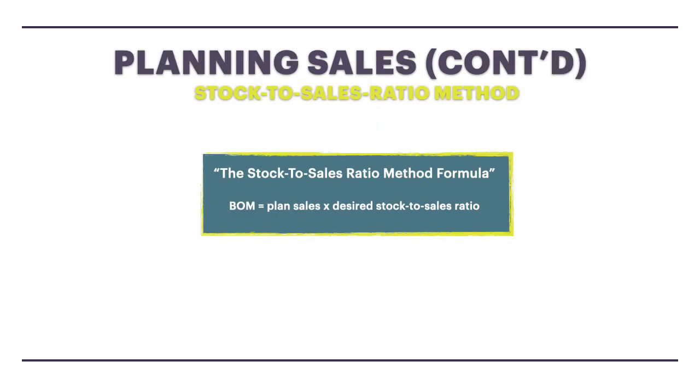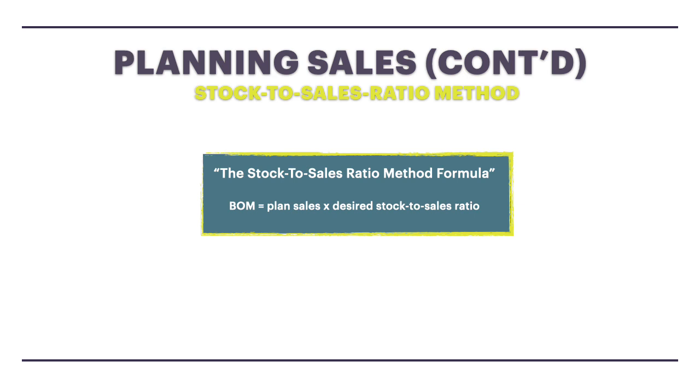So our stock to sales ratio method. Beginning of the month stock is calculated by the stock to sales ratio method based on the desired stock to sales ratio for a month. So here's a few tips.